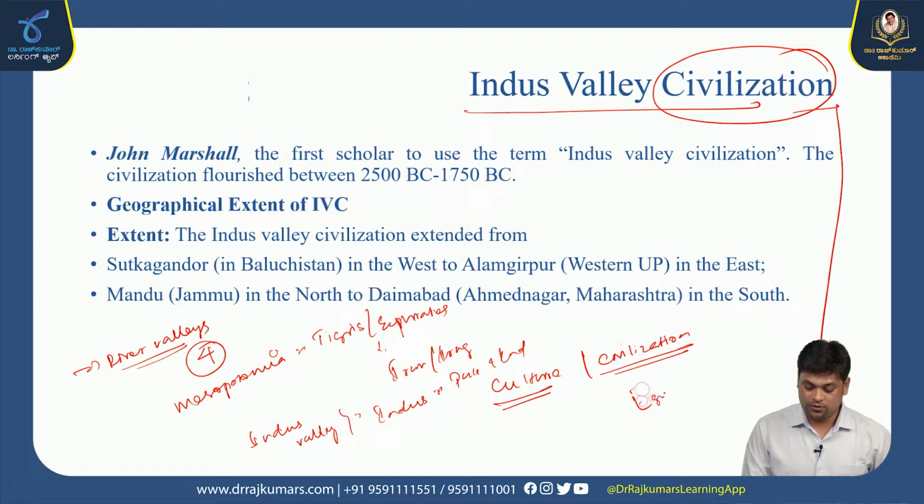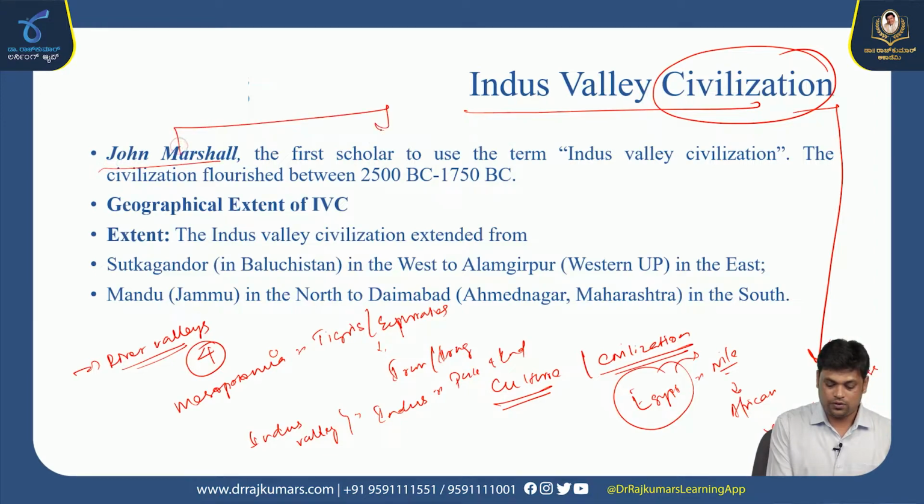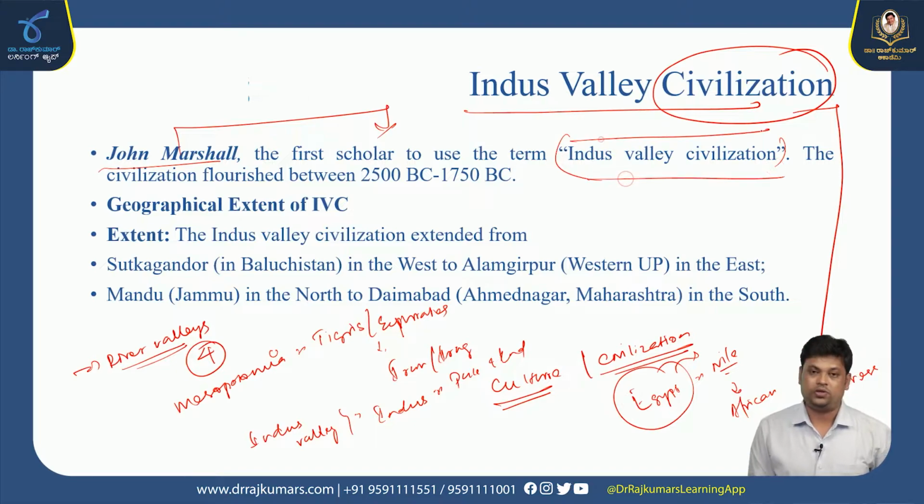Egypt civilization, in the Nile River Valley in the African continent, now Egypt. And the last one is the Yellow River Valley, the Chinese civilization. These are the 4 popular civilizations in the world. John Marshall is the first scholar who came up with the term Indus Valley civilization. This Indus Valley civilization has other names also.